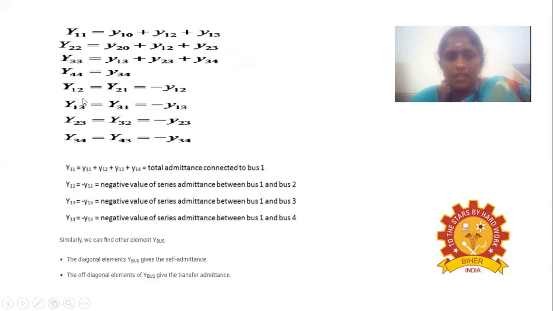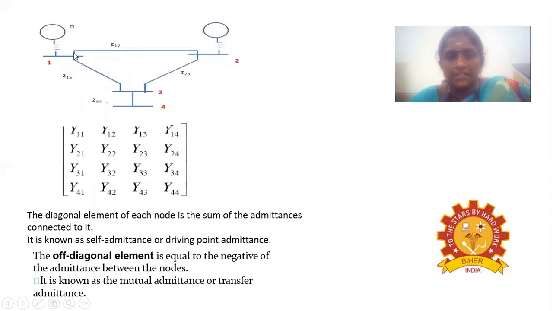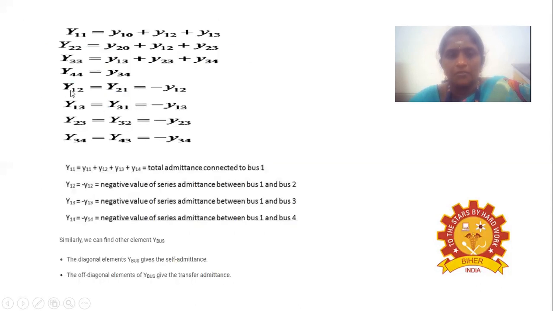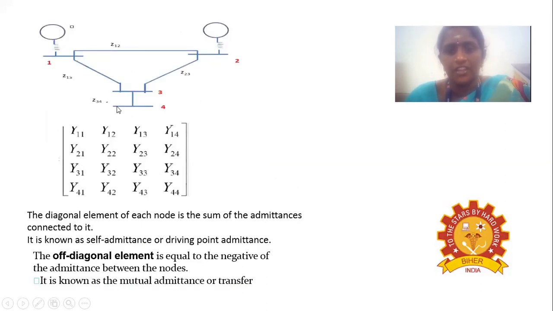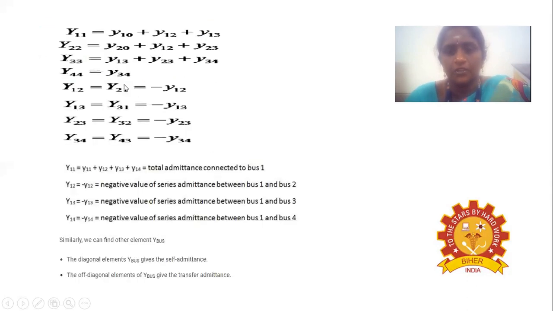Y12 will be equal to Y21, since the admittance between bus 1 and 2 is the same as between bus 2 and 1. That will be equal to minus Y12. For off-diagonal elements, we consider the negative of the given value.